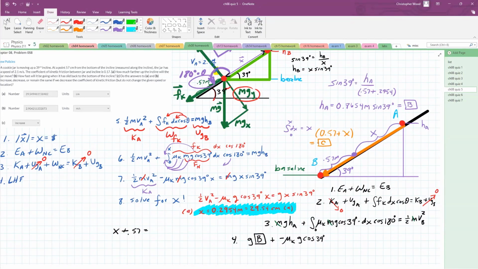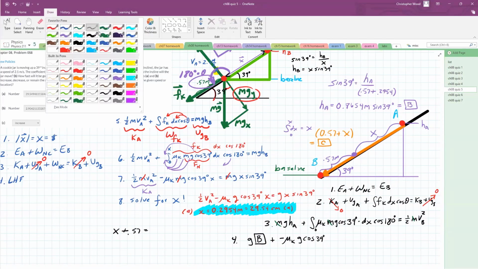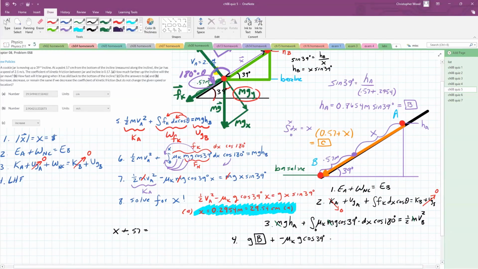Store alpha C. All right, so this will be cosine 39 times the displacement sitting there in my memory equals 1/2 V_B squared. Solve for V_B.